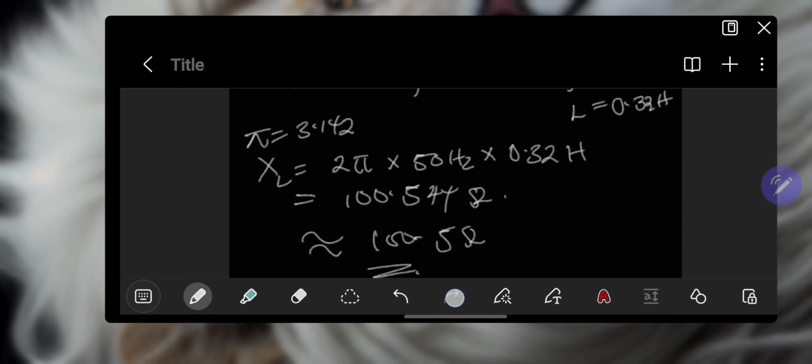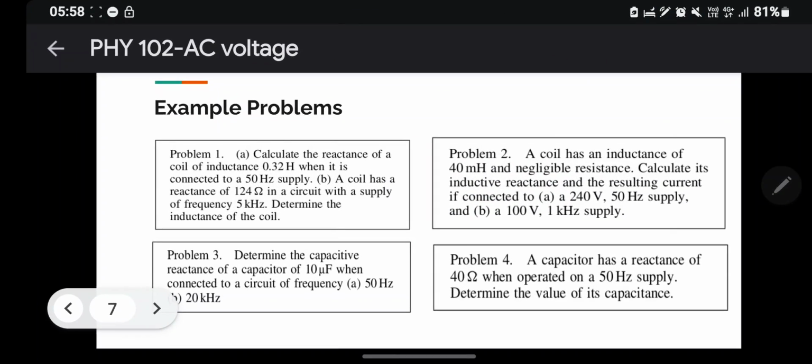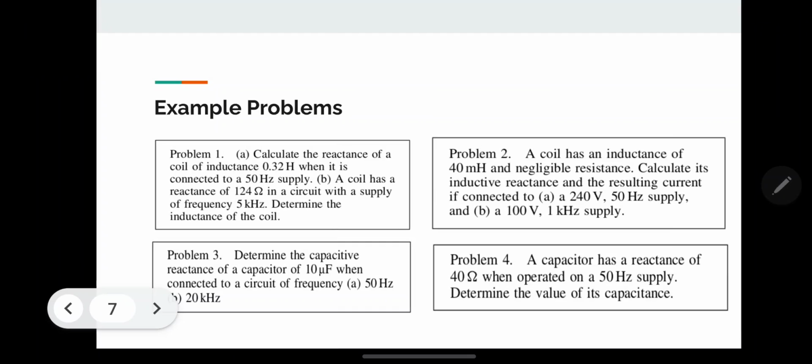So let's consider another question on the item. Another question that we think should interest us is problem number 4. If we look at problem number 4, there is nothing too much to it. It's a closely similar question, but we are looking at the capacitance.